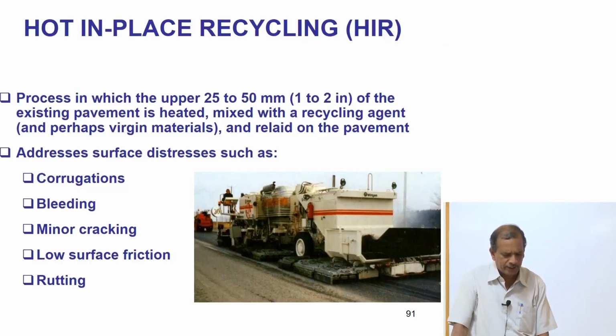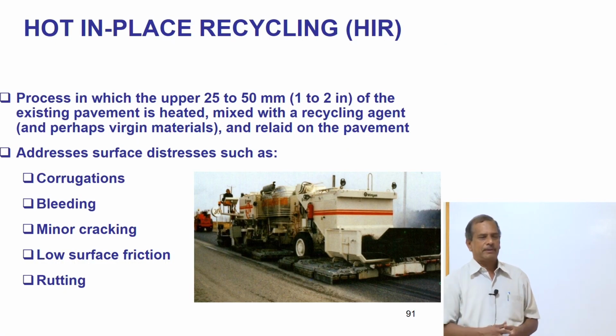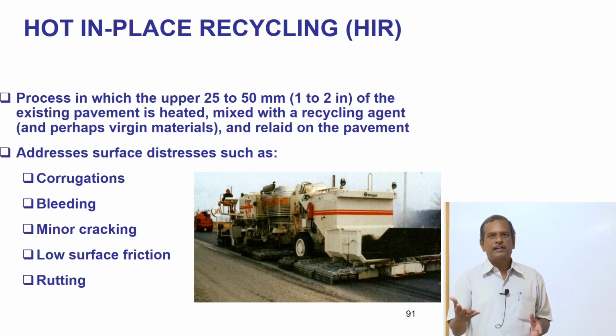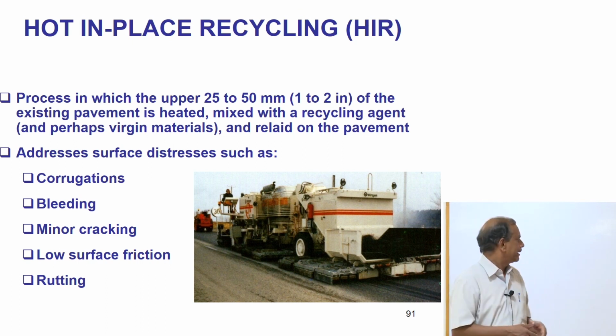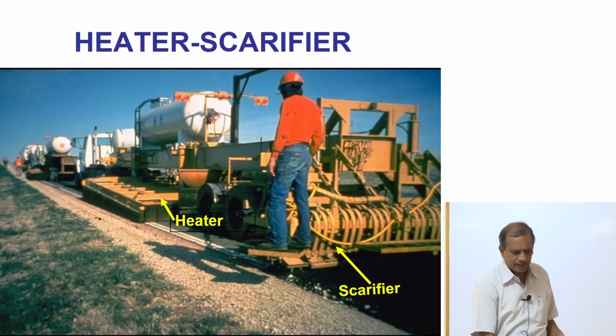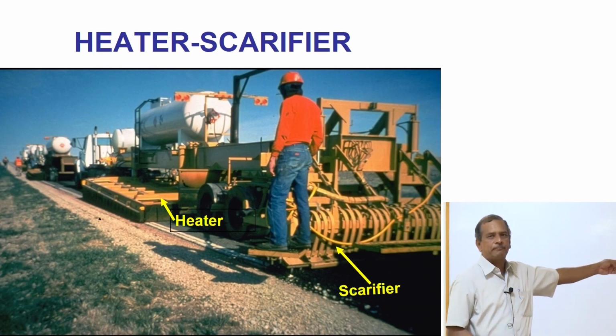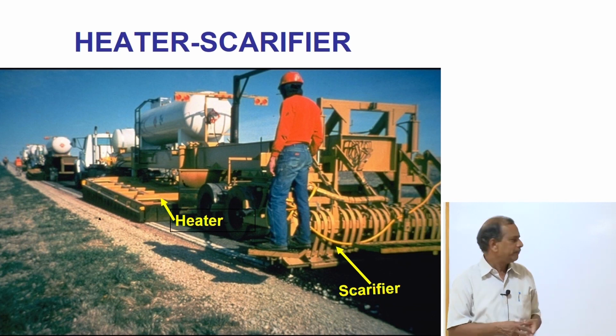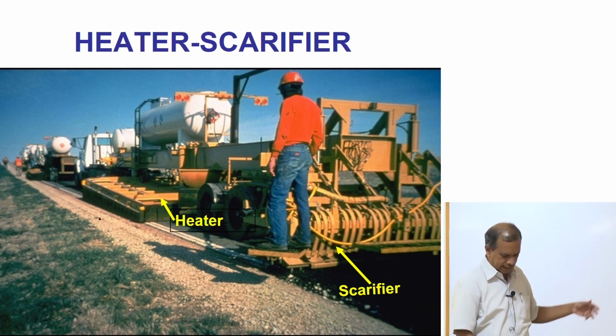The other way by which we can do this is hot in place recycling. The second technology that we are adopting today is, when the surface has got corrugations, bleeding, minor cracking, low friction, low rutting, I try to heat the layers. I can heat the layers and scarify the material.